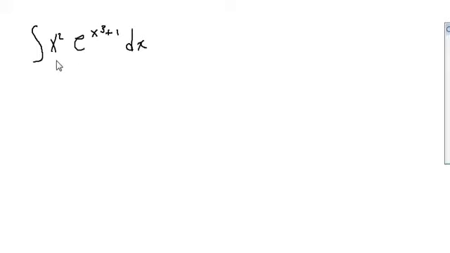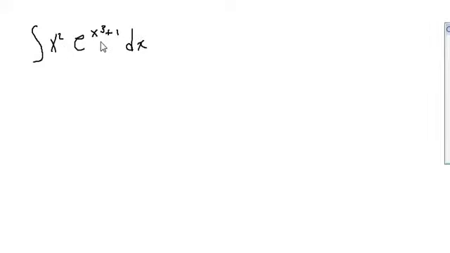Now, I would not be able to use integration by substitution if I had, for example, only an x here, because the x would be to the first power, and when I take the derivative of x cubed plus 1, I get a second power for x.